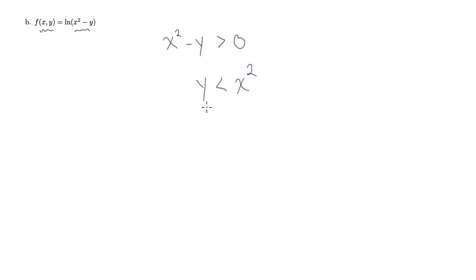Okay, but that means I want the set of points x, y where the y-coordinate is less than x squared. Well, the boundary of this region is actually the parabola y equals x squared. But now it's strictly less than, so that means I'm not going to include the boundary. So if I sketch what this looks like, here I have this parabola.